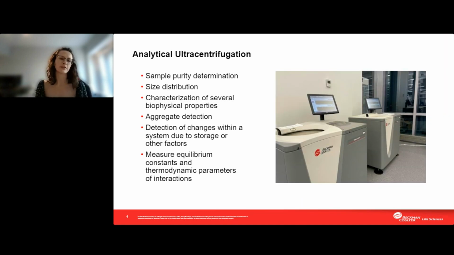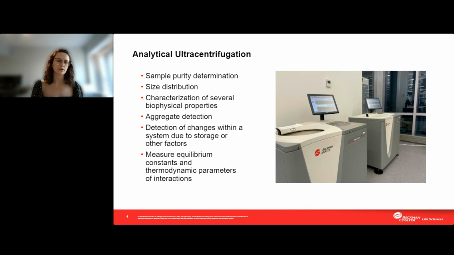Analytical ultracentrifugation can be used for multiple different purposes and to help you characterize your samples in many different ways. One way is to determine the purity of your sample. Once you've created your protein or your RNA or DNA, you're able to measure it and make sure that only the analyte of interest is there, or see if there are any contaminants present.